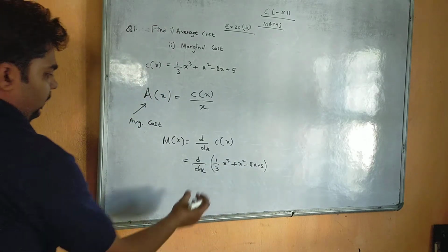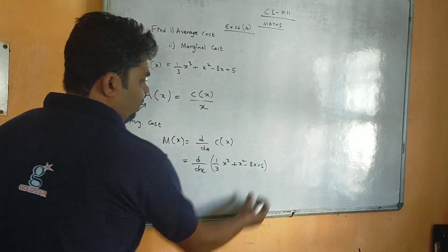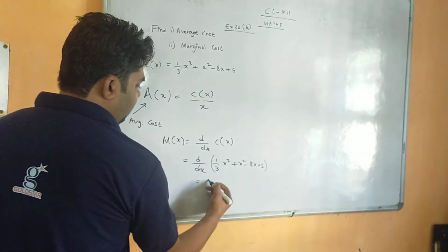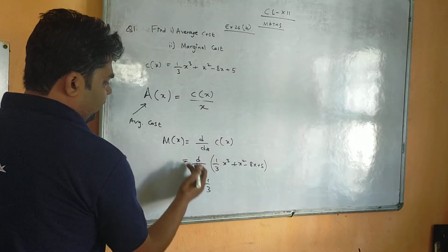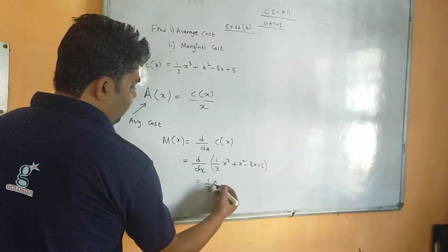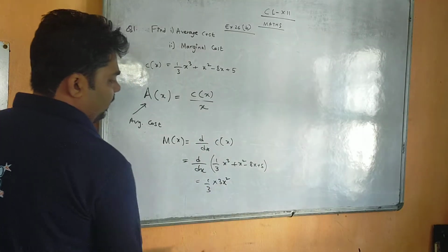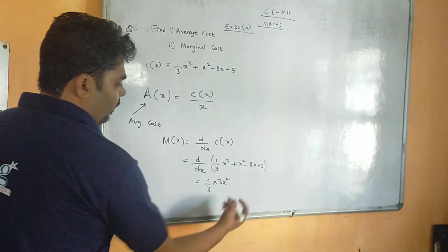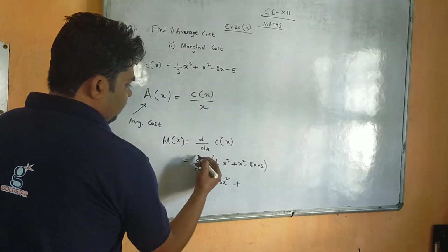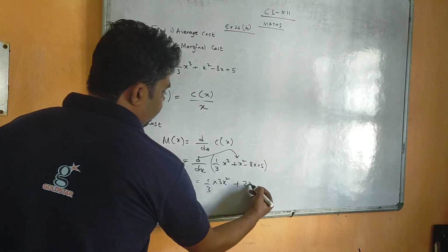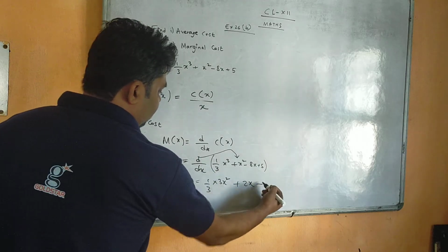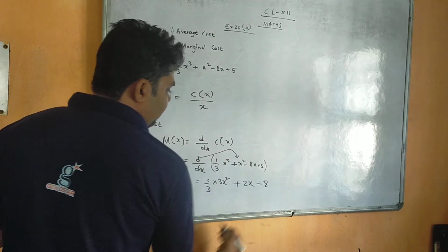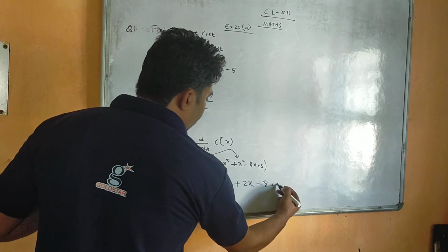Now if you differentiate individually, 1 by 3 will be outside. Now d/dx of x cube is 3x square, power comes down and power minus 1, plus d/dx of x square gives 2x, minus d/dx of 8x is 8, and d/dx of 5 is 0, right?